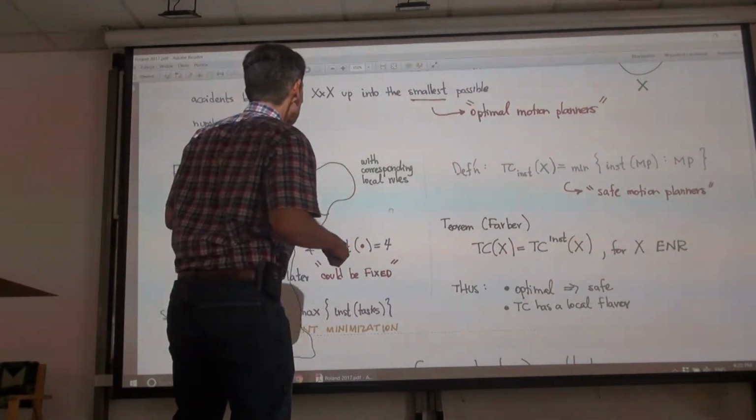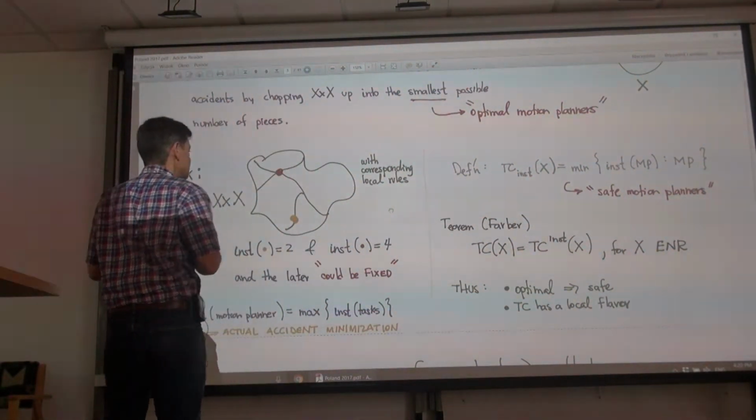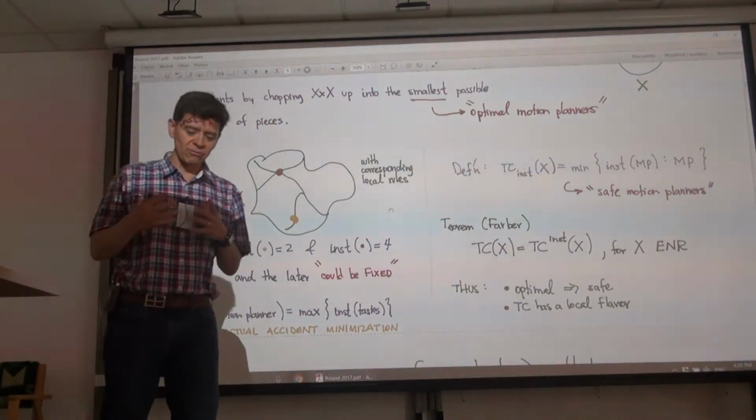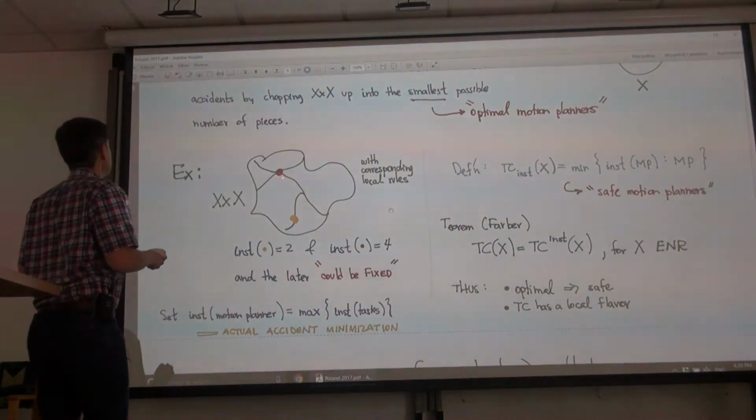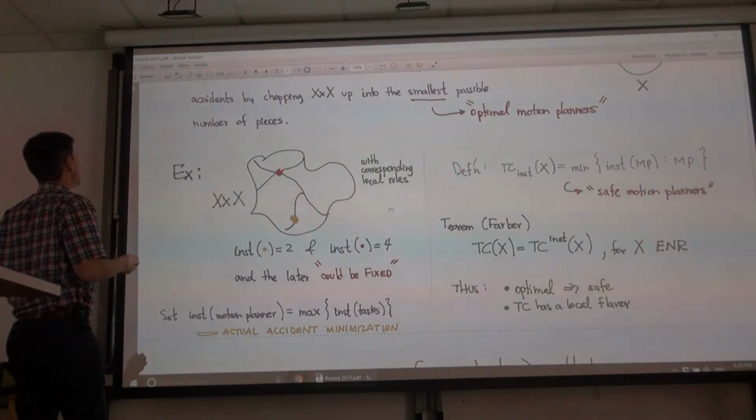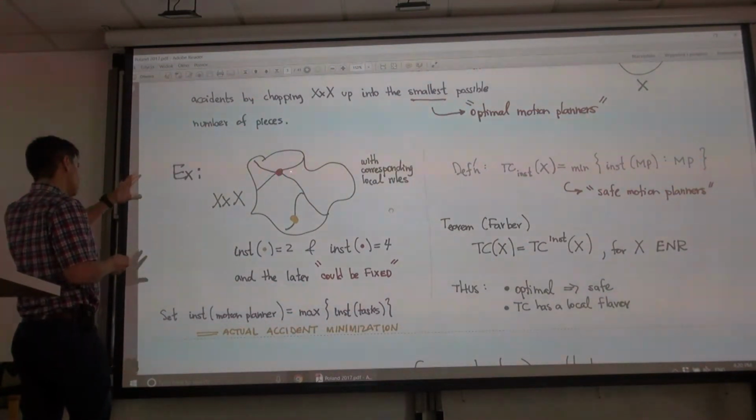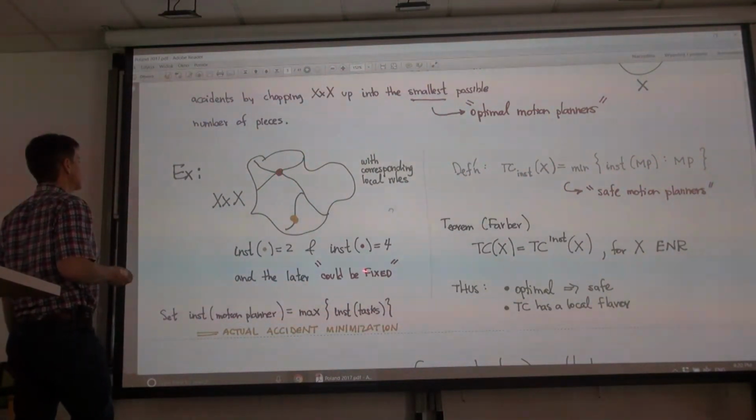As a consequence, optimal motion planners would be safe, namely would have the minimal possible order of instability. So that says that topological complexity has some sort of local flavor, because notice that this open cover can be fixed somehow.